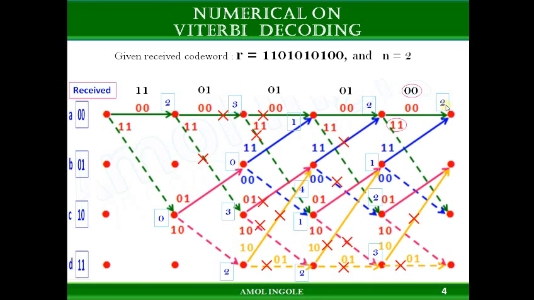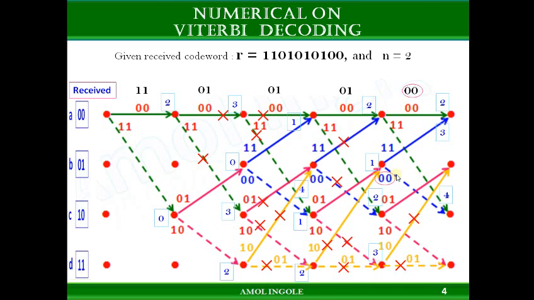The next, 0 0 and this 1 1, Hamming distance will be 2. 2 plus this 2, 4. 4 is the path metric for this path now. Next, 0 0 and 1 1. Hamming distance is 2. Will be added with this one. Total path metric is 3. It is for this path now.